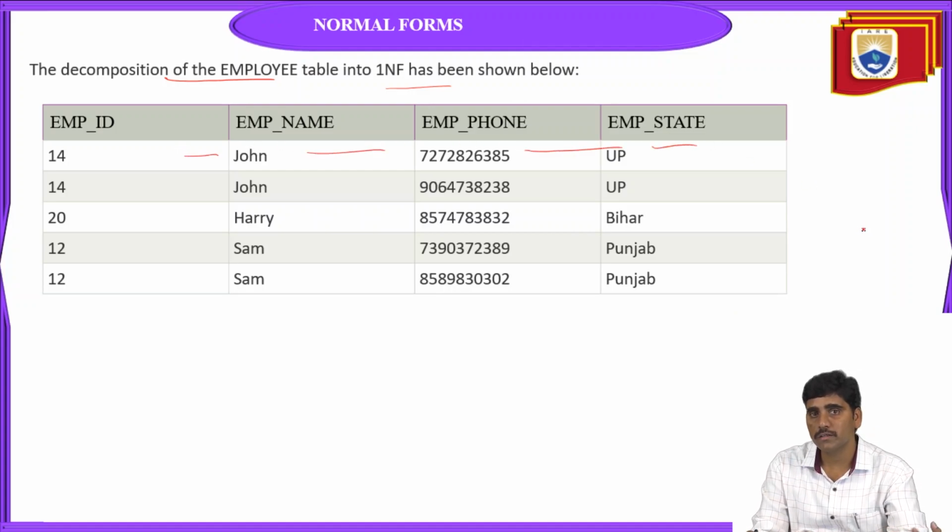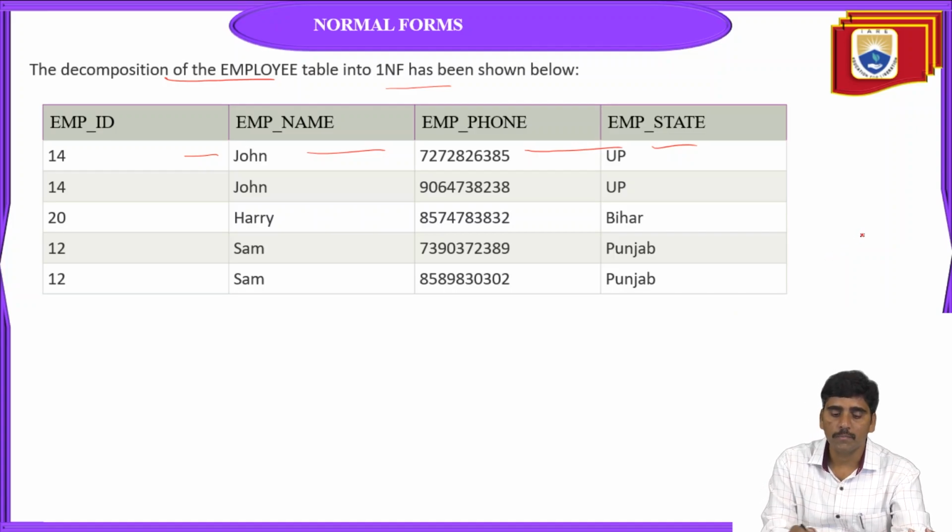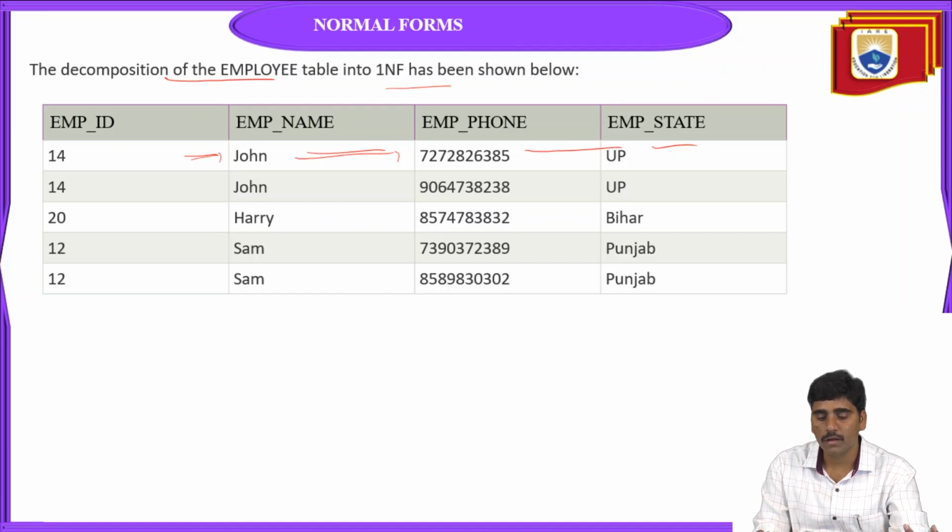We need to assign each and every value to each and every employee. So employee ID 14 has the employee name John with the following phone number. Similarly, employee ID 14 has the phone number as a separate value. This is the way you can decompose the values in the table.